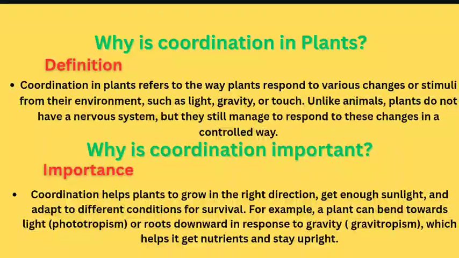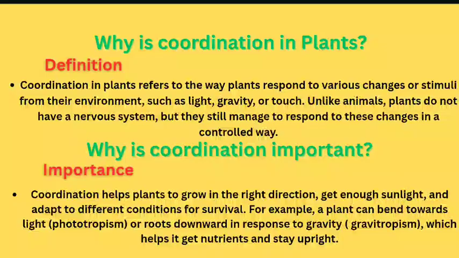The first topic was, why is coordination needed in plants? In this, we will know the definition of coordination. So what is coordination? Coordination in plants refers to the way plants respond to various changes or stimuli from their environment, such as light, gravity, or touch.